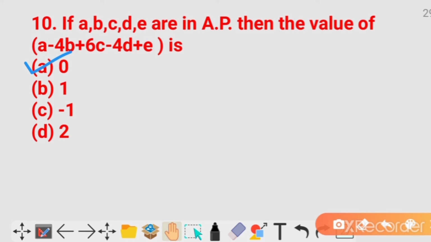So how do you solve this? If you look at the question, A, B, C, D, E are in AP. As it is in AP, there must be a common difference. Suppose X is the common difference.